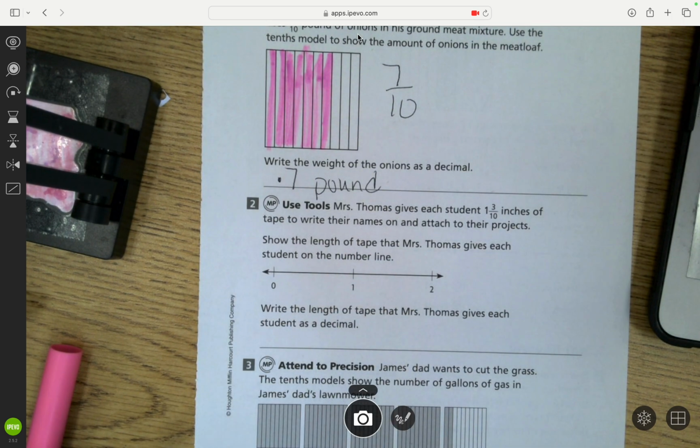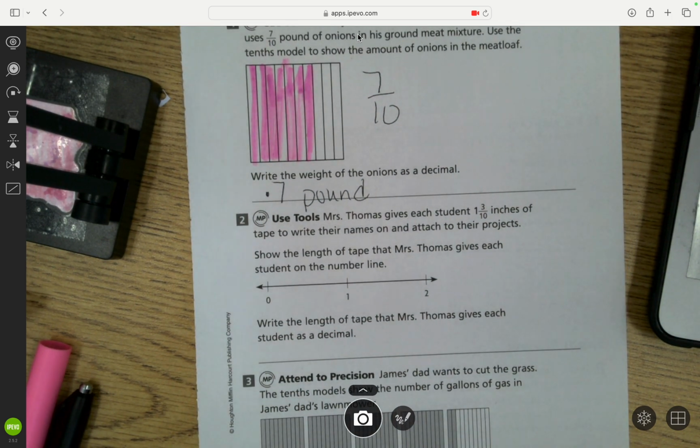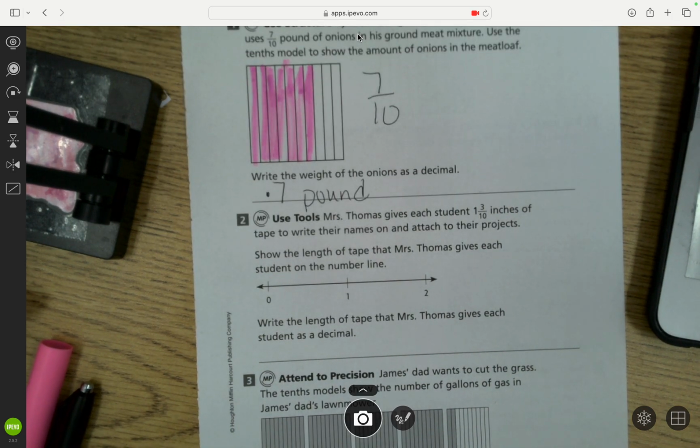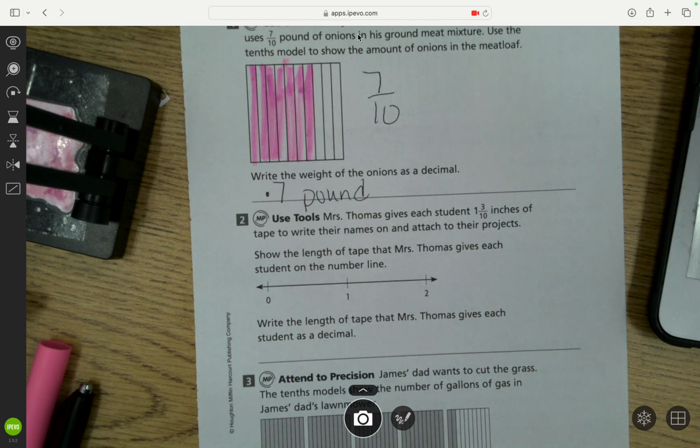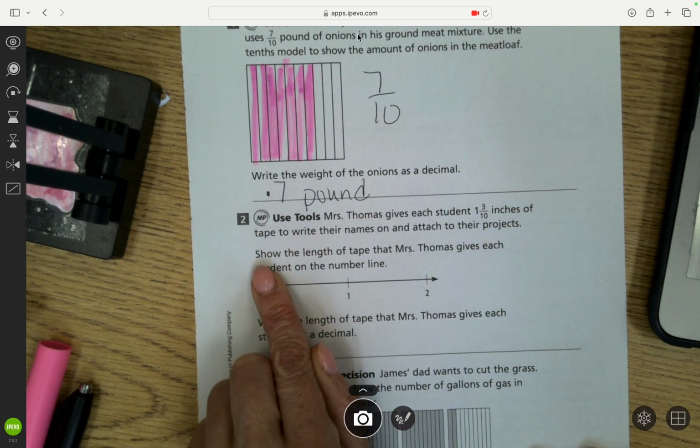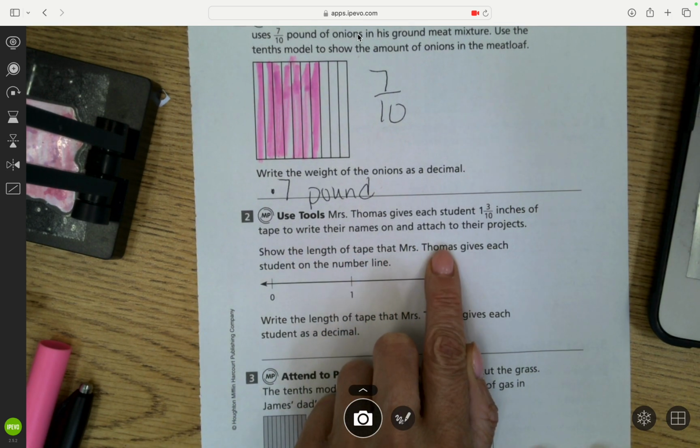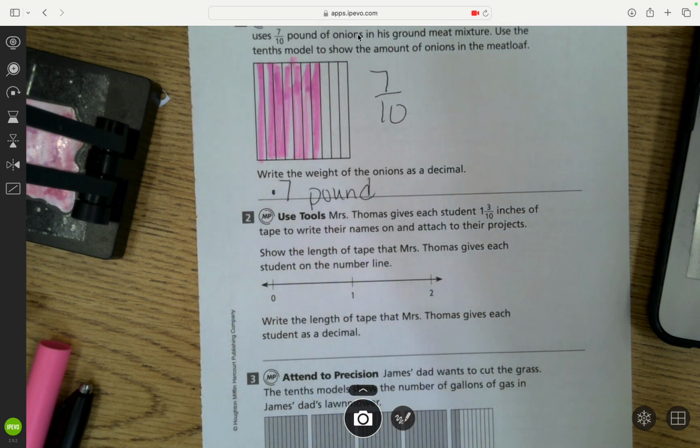Number 2. Mrs. Thomas gives each student 1 3/10 inches of tape to write their names on and attach to their projects. Show the length of tape that Mrs. Thomas gives each student on the number line.